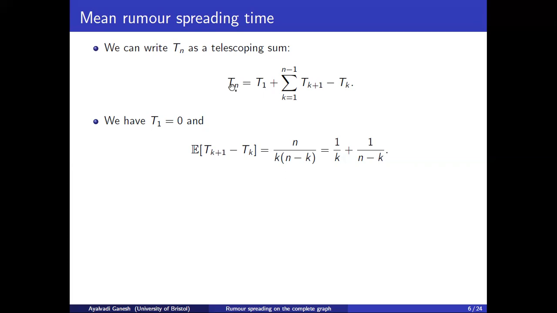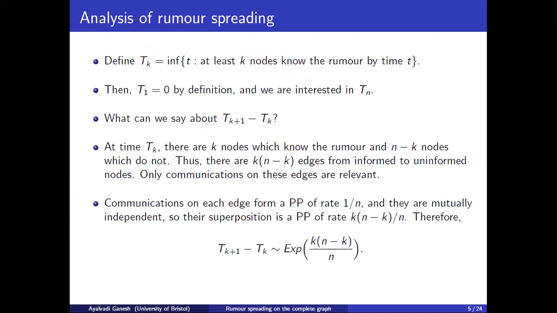So the expectation of Tn is the expectation of this sum. But let's look at just one term. What's the expectation of T(k+1) minus Tk? We saw that this time difference is an exponential with this parameter. Let me remind you that an exponential with parameter lambda has mean 1 over lambda.